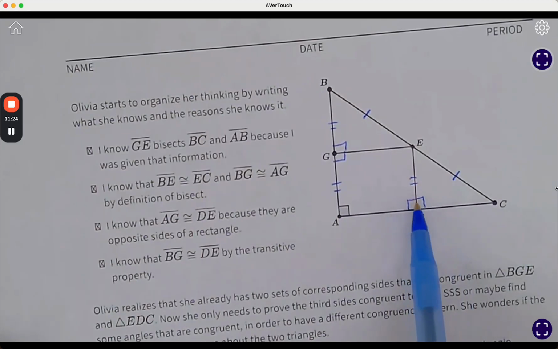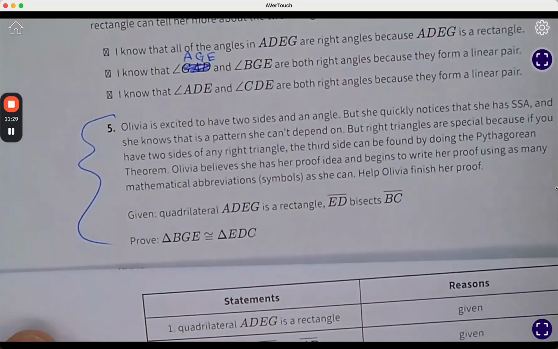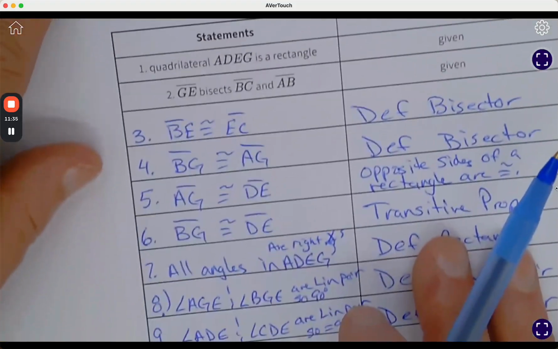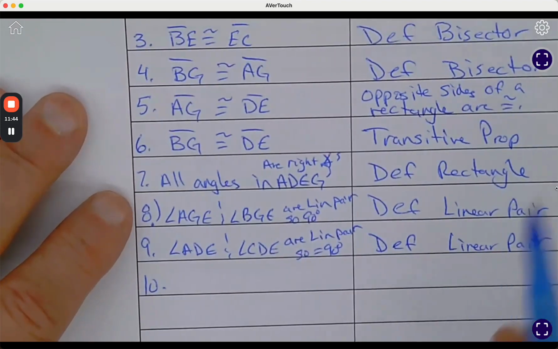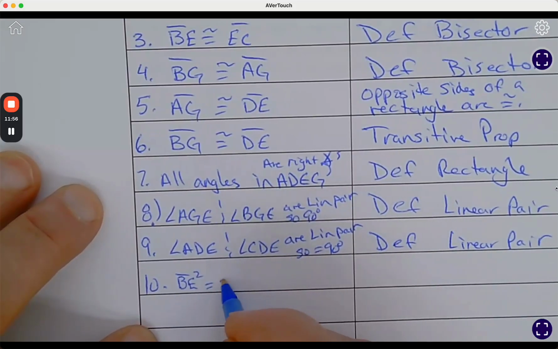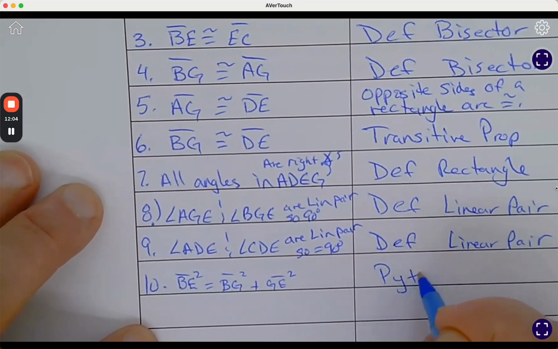So side-side-angle is not a postulate. Okay, so what else do I know? Oh my gosh. Well, I know this. I know that BE squared is equal to BG squared plus GE squared. That's the Pythagorean theorem. That's a right triangle.